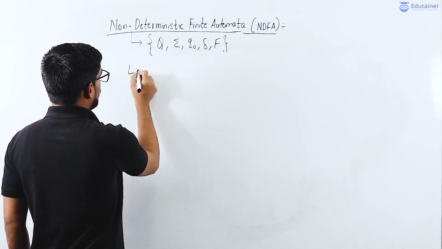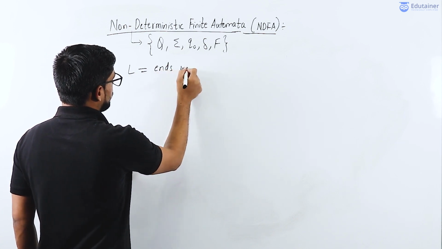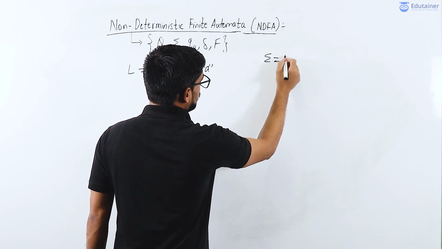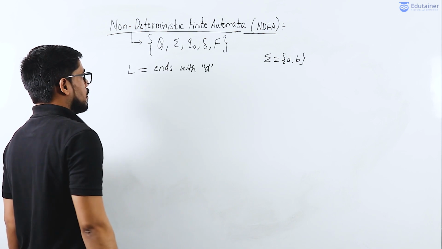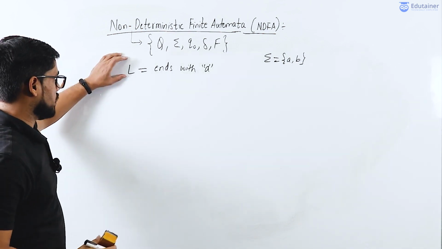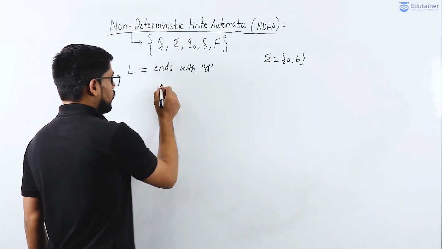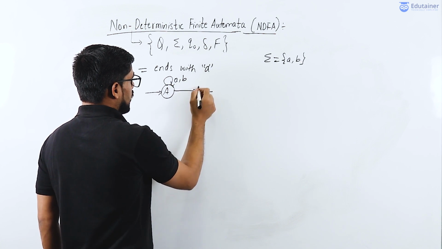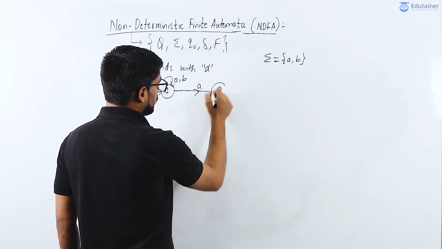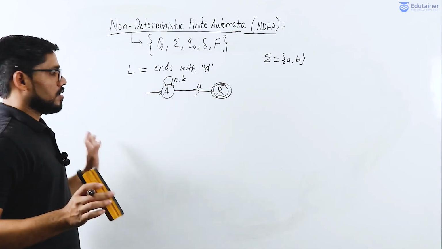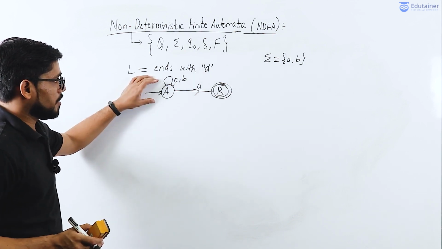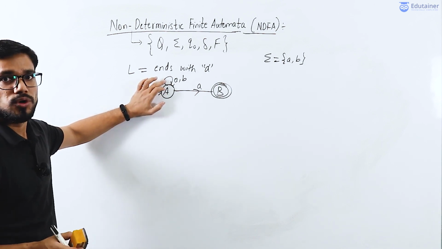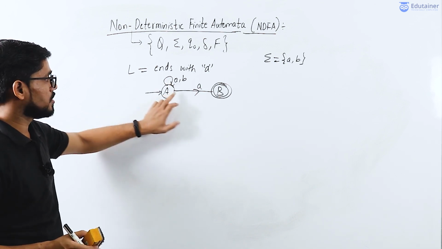Let's say I have a language of strings that end with A, and here also in the NDFA concept you will assume that the input alphabet is A comma B. If I draw the non-deterministic finite automaton, that means the transition diagram for this language, the NDFA will look like this: capital A is the initial state, any number of A's or B's, and then if I see A, I go to two different states. One is capital A itself and the second one is capital B.